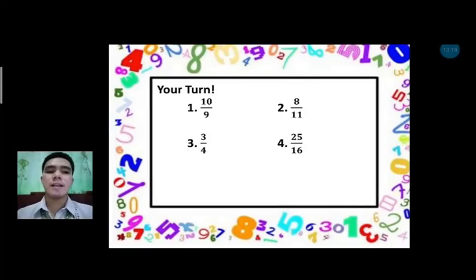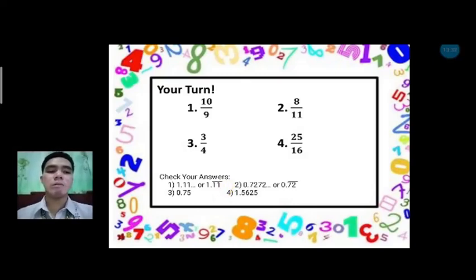So the correct answer will be, okay, number 1, just check your answers. Number 1 is 1.11 and so on and so forth, or 1.1 with vinculum at the top of 1 after the decimal point.